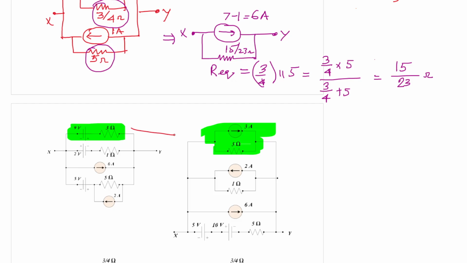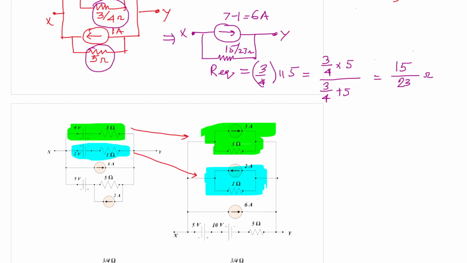Secondly, we found a 2 volt source in series with 1 ohm resistance, which is converted to a 2 ampere current source in parallel with 1 ohm resistance. That is the second step.